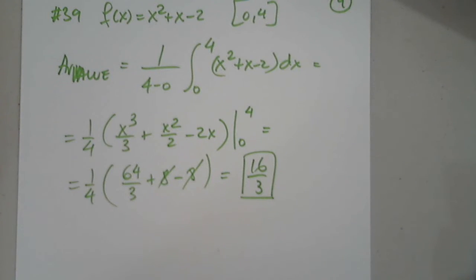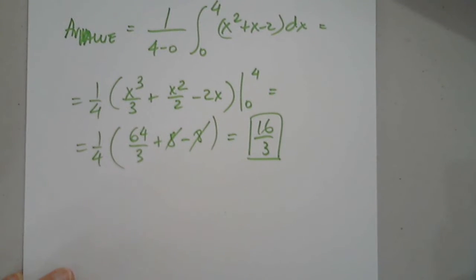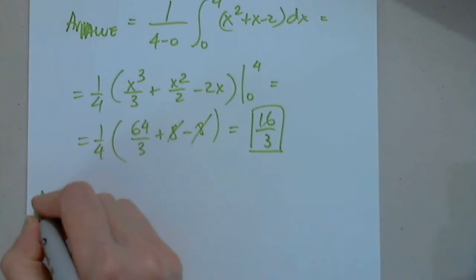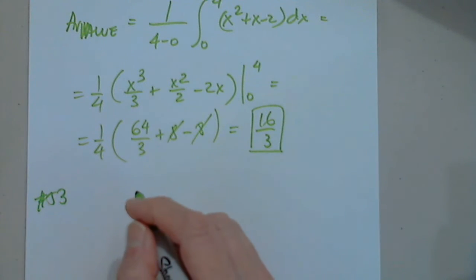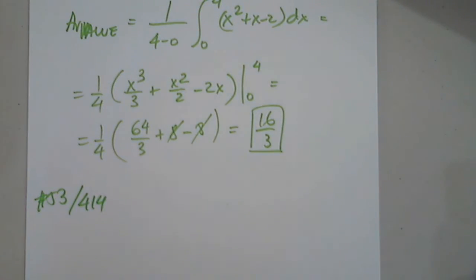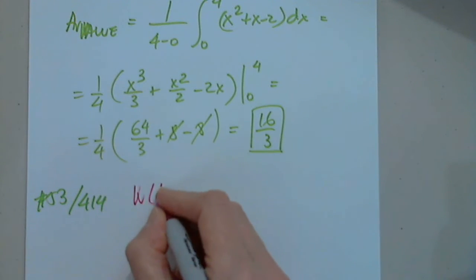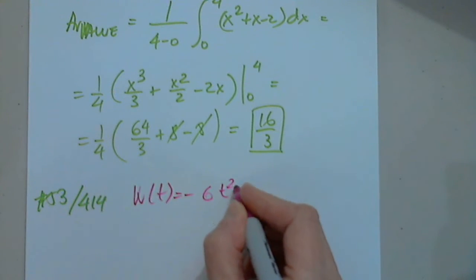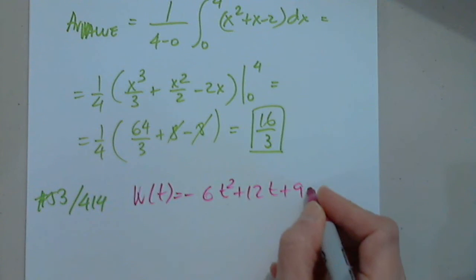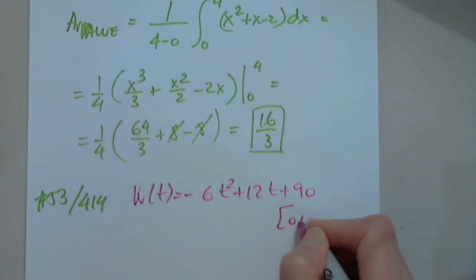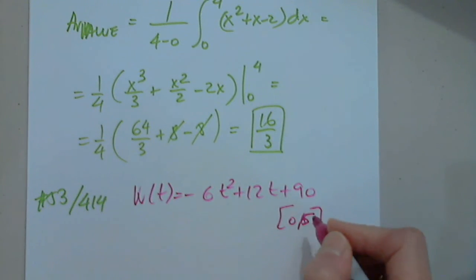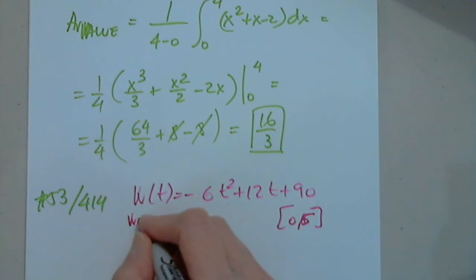Okay, the keyboarder's speed over a 5 minute interval is given, so we have 5 minutes here, and we have W of t. Very good, nice pick. And W of t is negative 6t squared plus 12t plus 90, and the interval is 0, 5, in words per minute.